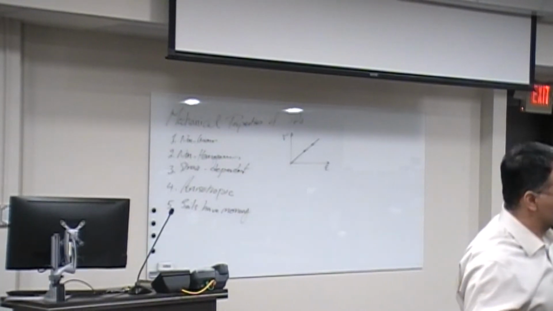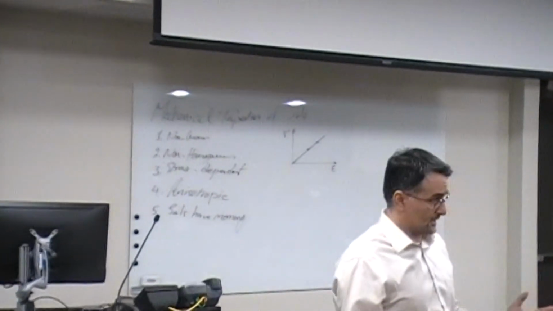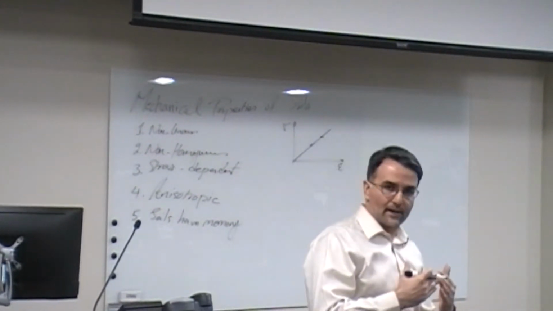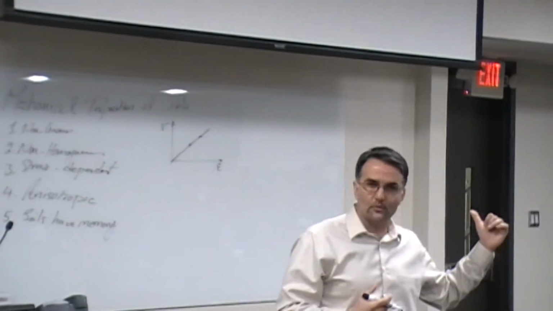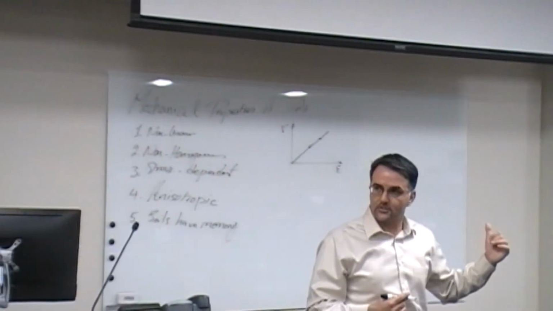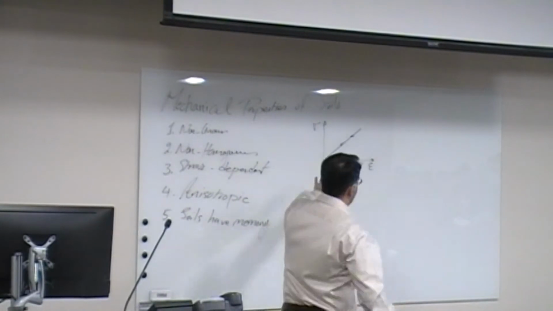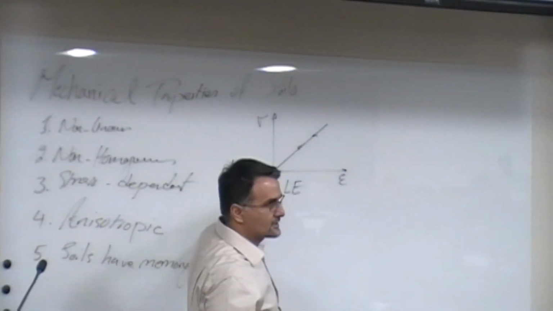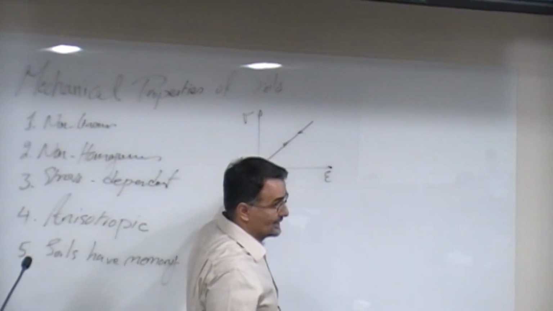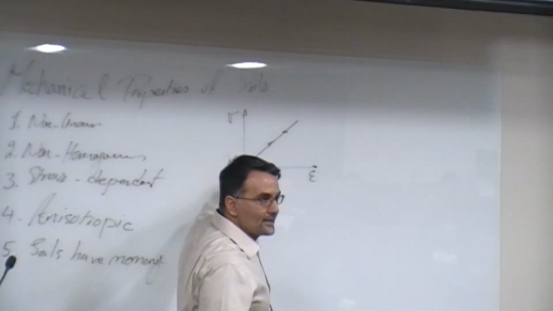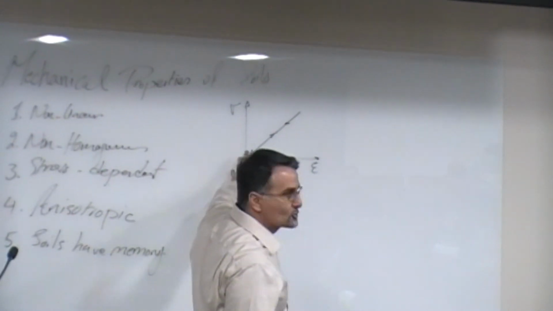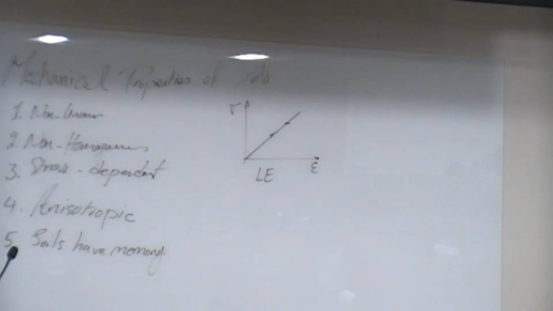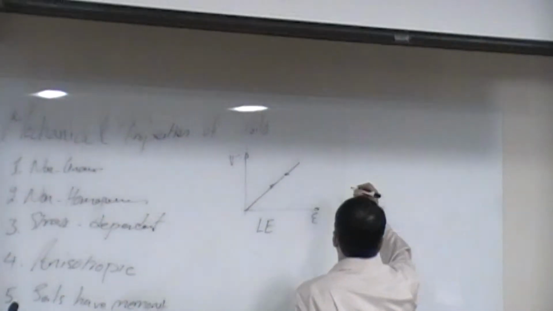Is it plastic? Or is it somewhere in between? Elastic. What was the definition of elasticity? All the deformation will bounce back, right? Therefore, there is no strain deposited in the material. So this would be for a linear and elastic material. Do you agree that this is a linear curve? It's linear, and also it's an elastic material because the deformation went all the way back to the origin.